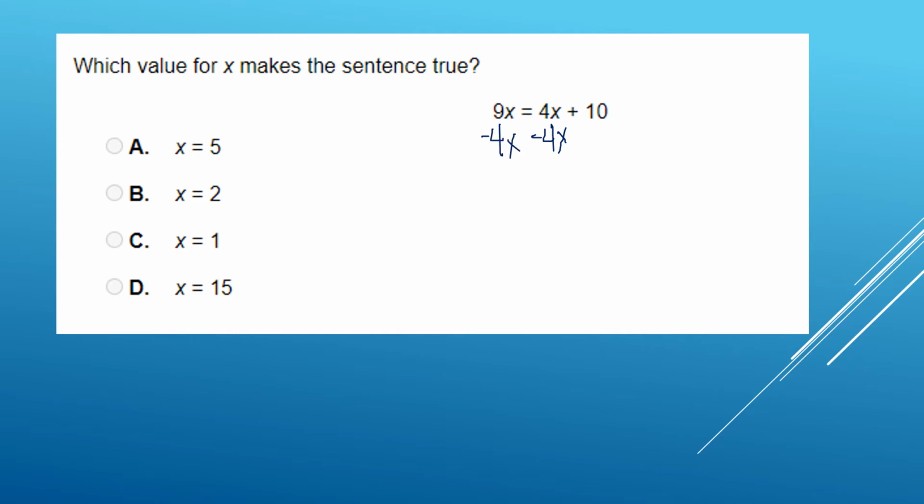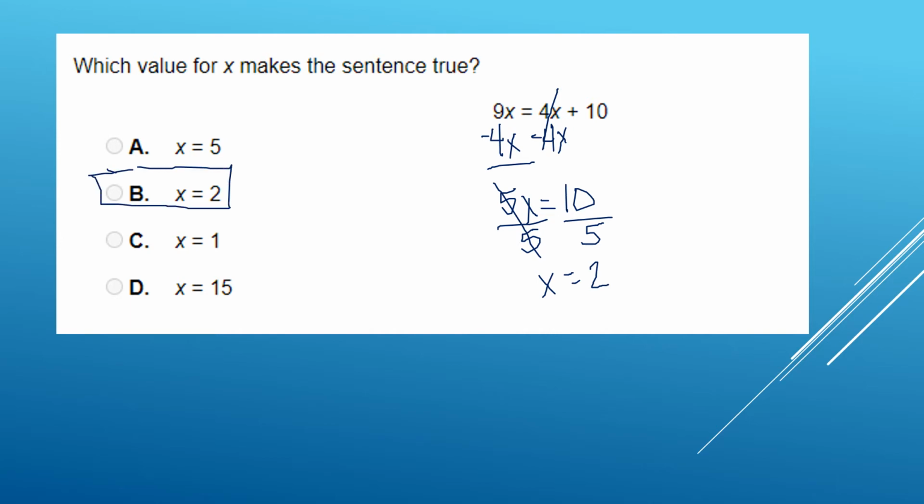So 4x minus 4x forms a 0 pair. 9x minus 4x gives us 5x, and we're only left with 10 on the right side. So now we're going to divide both sides by 5. 10 divided by 5 does give me 2. So my answer would be x equals 2.